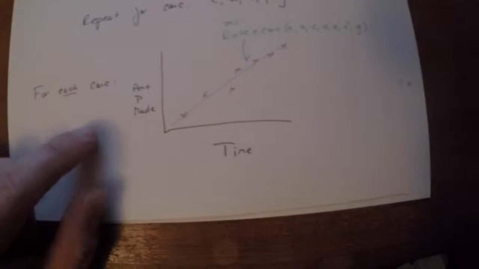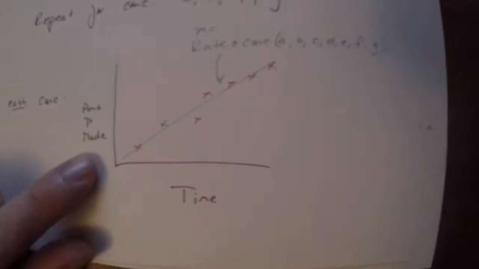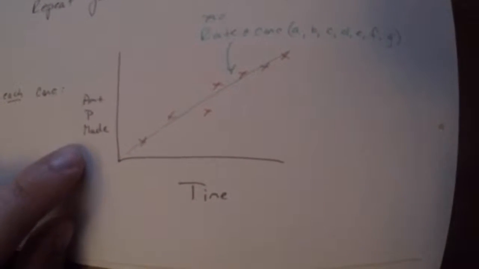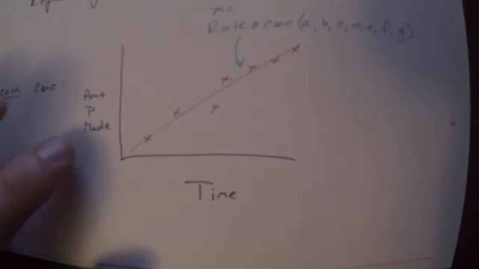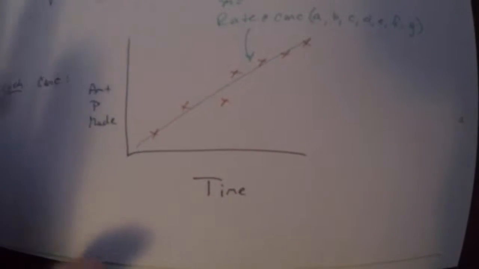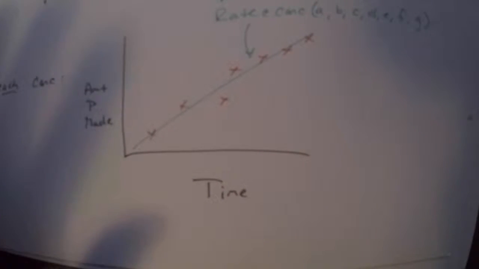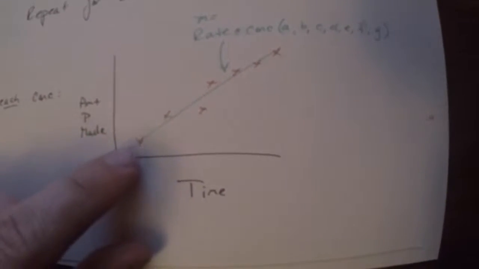I just added 5 more, so a total of 7: A, B, C, D, E, F, G. For each of those concentrations, you would make one of these graphs where you plot time against whatever you're measuring, so color absorption or amount of CO2 produced or amount of O2 absorbed or whatever. You have your data plotted.